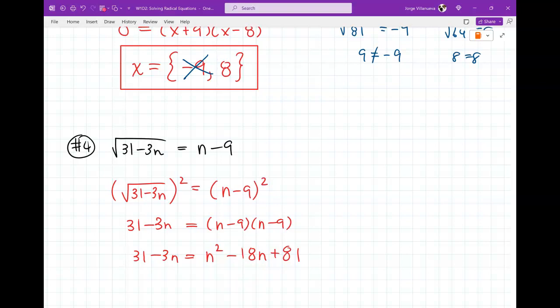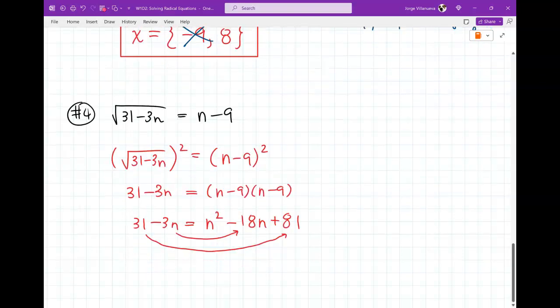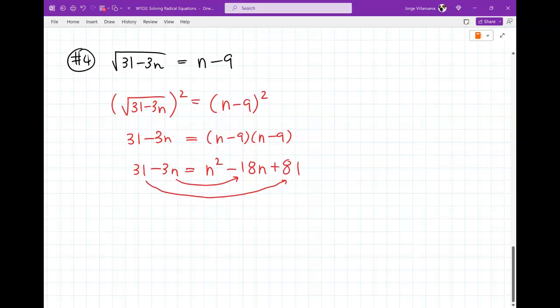So I'm going to move my terms over to the right. So this negative 3n will become a positive 3n. This 31 will become a minus 31. So this is what I get. 0 equals n squared, negative 18 plus 3, that's a negative 15n. And then 81 minus 31 is a positive 50.